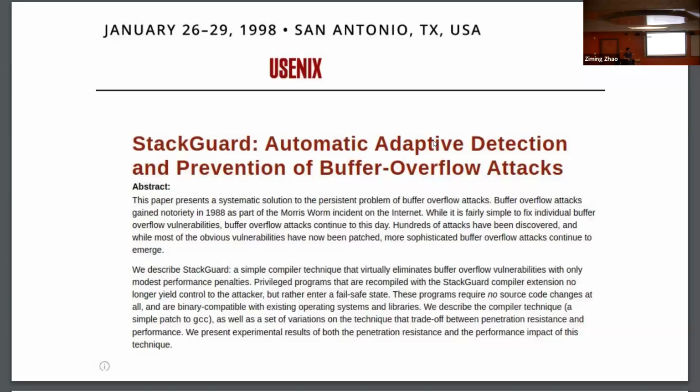Usenix is an organization. They have all kinds of system and network security conferences, and Usenix Security is dedicated to all kinds of security problems. So the paper title was StackGuard: Automatic Adaptive Detection and Prevention of Buffer Overflow Attacks.